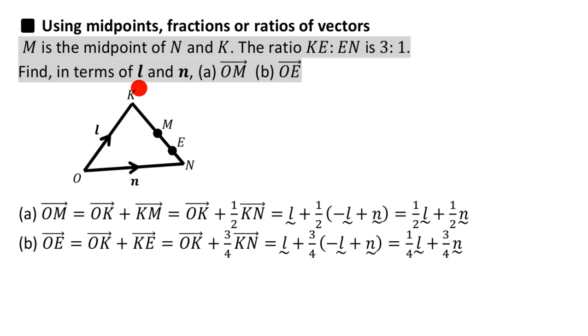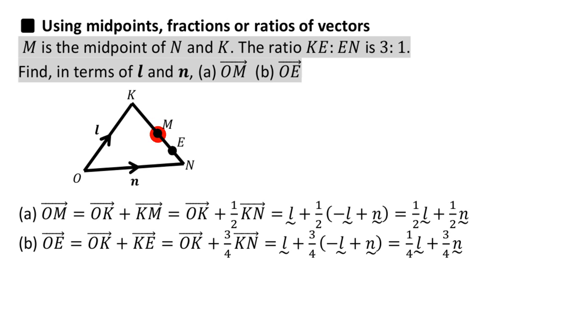Now, O to K is simple because there's a vector going from there to there. It's vector L. That's really easy. But there's no vector going from K to M that you can see already. What we can do is realize that when you work out a bit of a line, like using a midpoint of a line or some other fraction of a line, it's obviously part of a line.